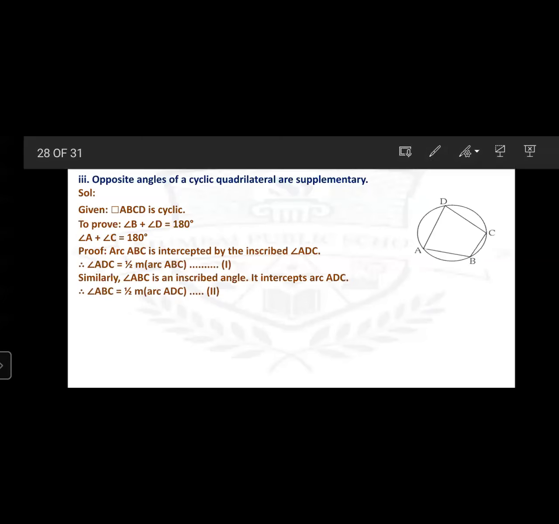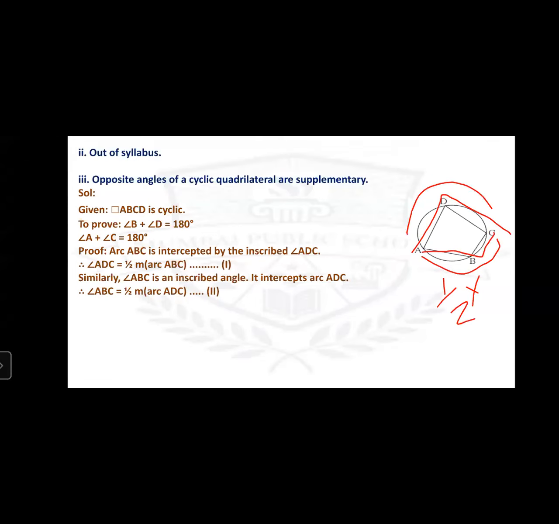Right? See, this arc is intercepted by this angle, so this angle is half of this arc. In the second case, this angle is intercepted by this arc, so angle ABC is half of arc ADC. Right?